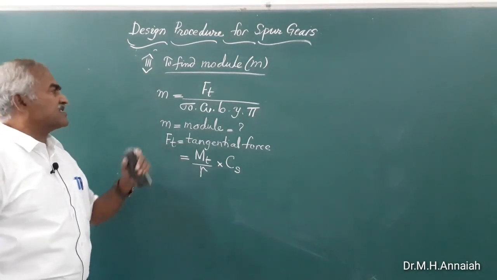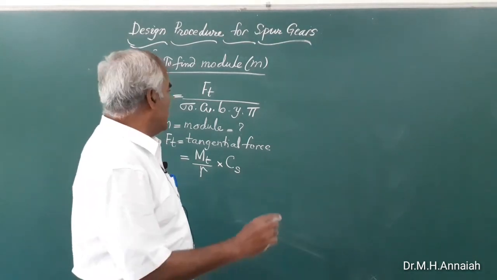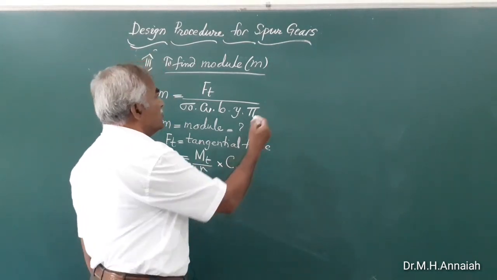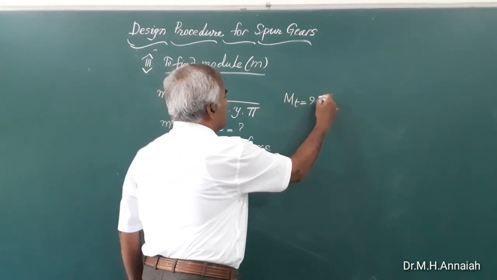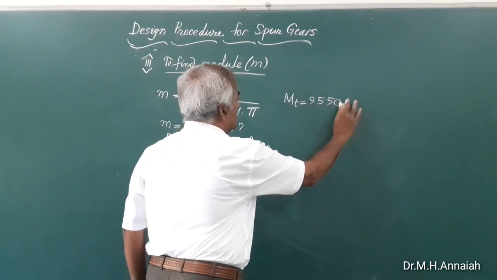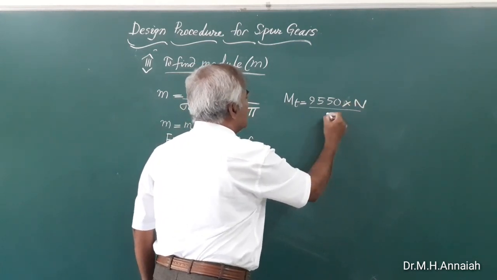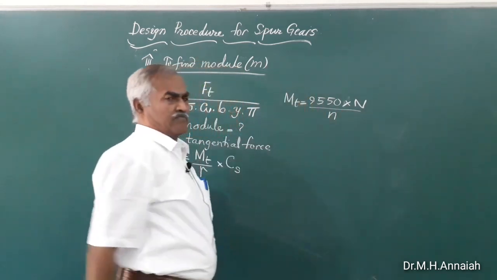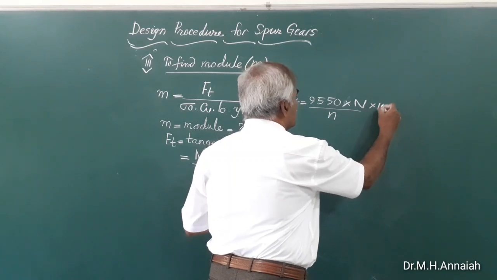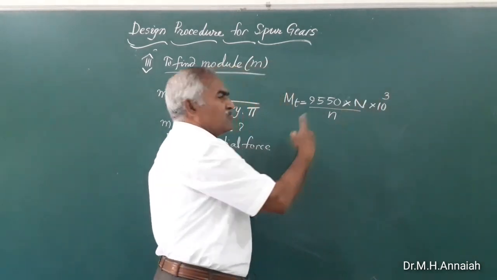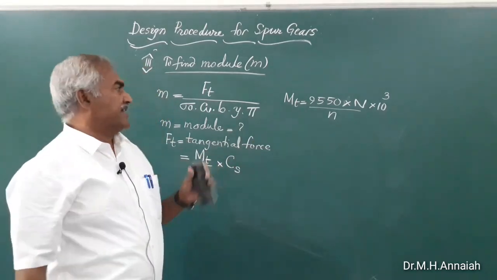Here, what is this Mt? Mt is the torque transmitted by the gear pair. So, this torque Mt is given by 9550 into N, the power transmitted in kilowatts, divided by the RPM. Here, I am going to multiply by 10 to the power of 3 to convert this torque in terms of Newton millimeter.